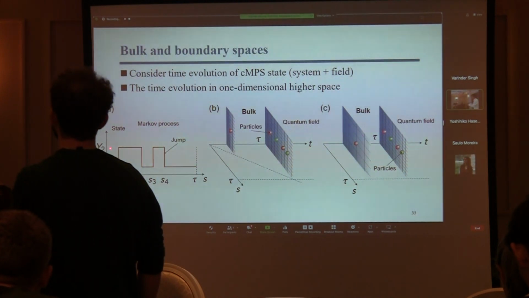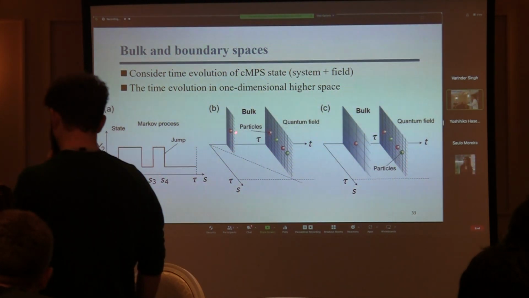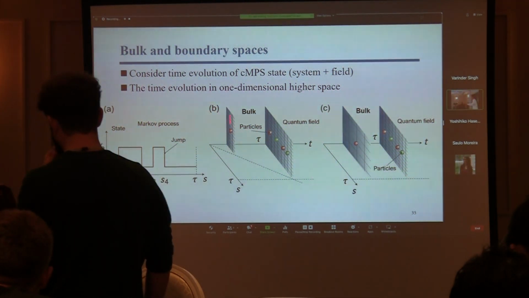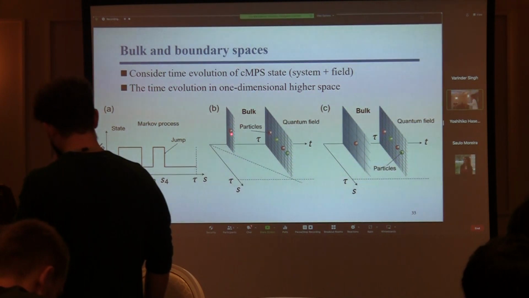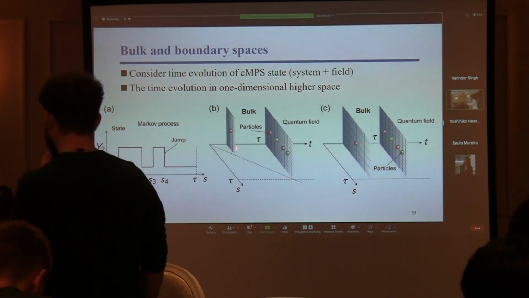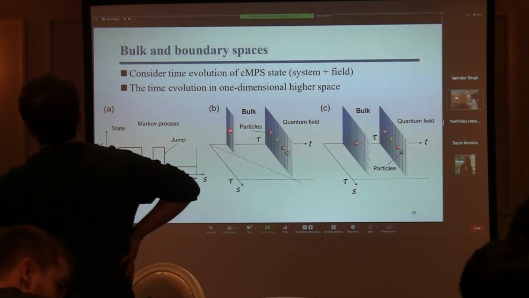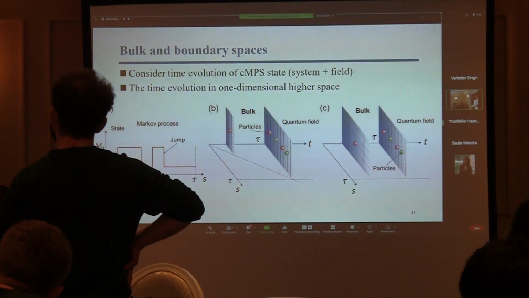In principle, CMPS takes all information, so CMPS cannot be described by this picture. So I think your question is that this jump corresponds to some time, but this part does not actually get included in the actual CMPS state.